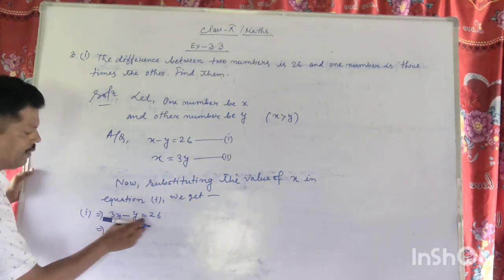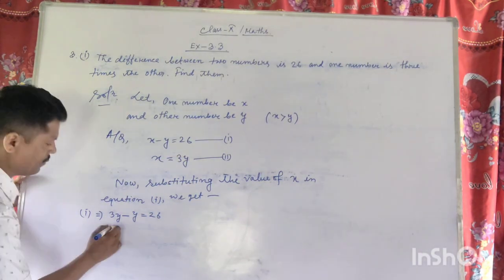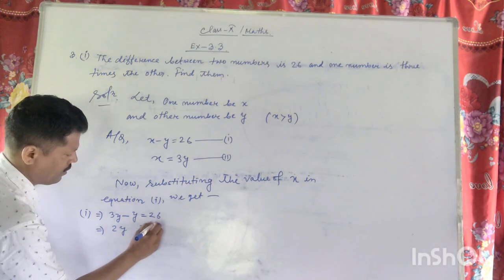So 3y minus y, that means we will get here 2y is equal to 26.